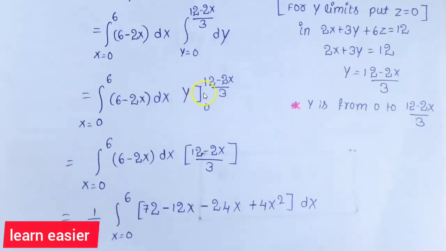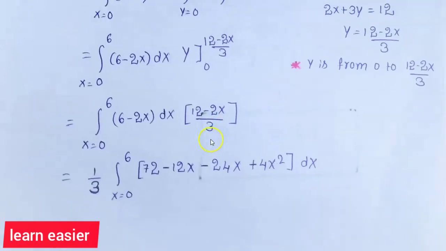Now substitute the limits: 12 minus 2x by 3 minus 0, which is 12 minus 2x by 3 only. So we have x from 0 to 6, 6 minus 2x into dx into 12 minus 2x by 3.